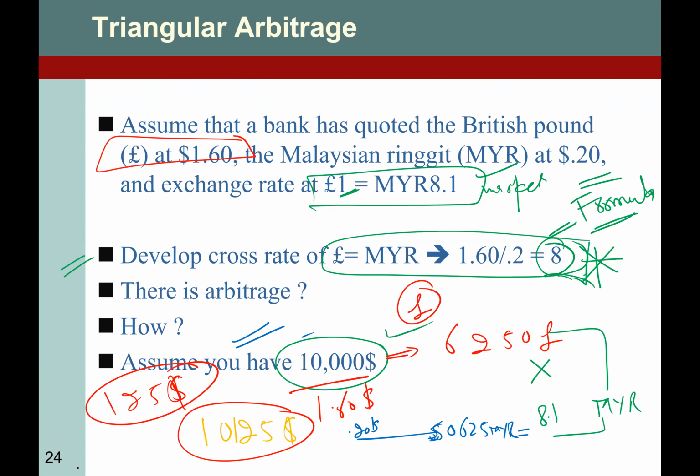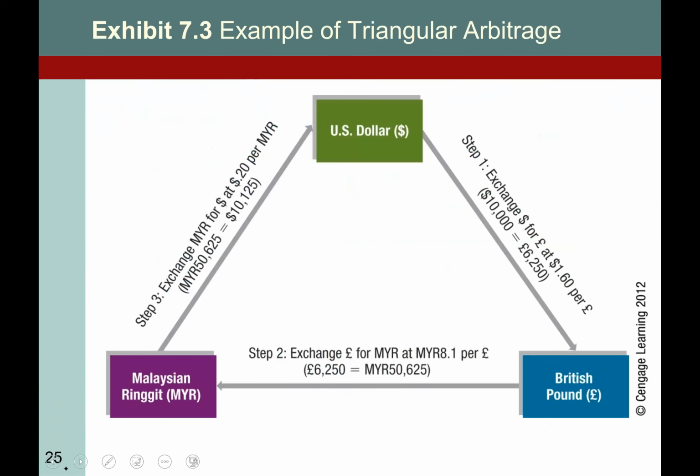So let's see the solution here in the book. In step 1, you found out that Malaysian ringgit over pound is 8.1 in the market. According to your cross exchange rate, Malaysian ringgit over pound should be 8.